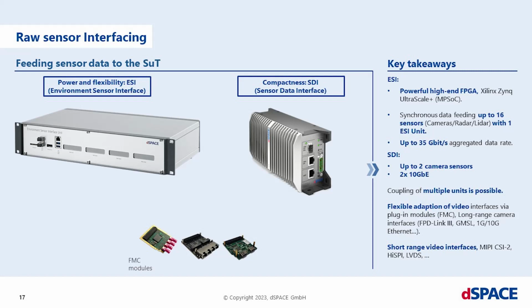This makes the ESI unit a perfect solution for connecting data fusion and HPC-based SUTs. In contrast, the sensor data interface unit is more compact and can be offered at a lower price. With up to 20 gigabit per second data throughput, the FPGA-based SDI unit can feed data into 1 or 2 cameras in parallel and is recommended for smart sensor or sensor fusion testing.